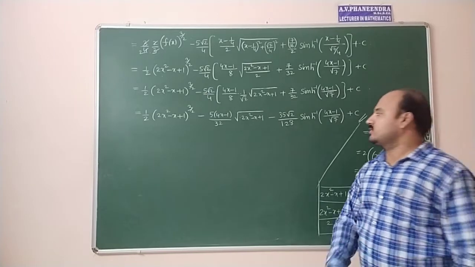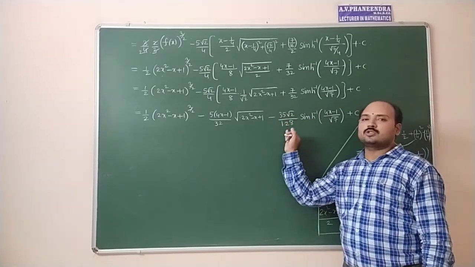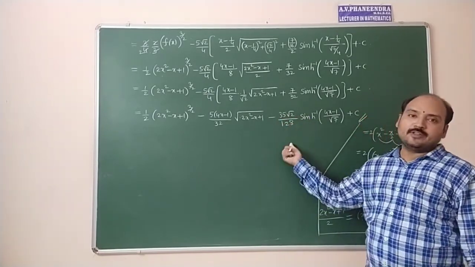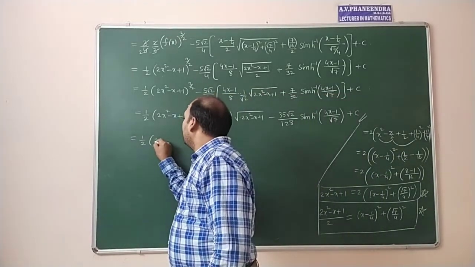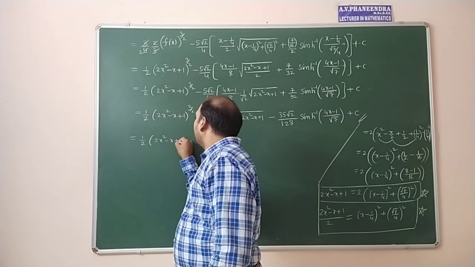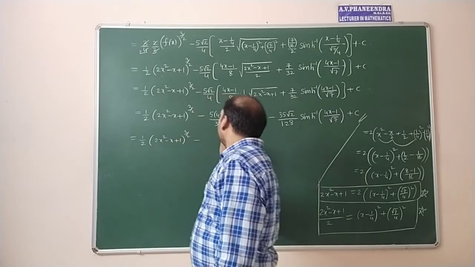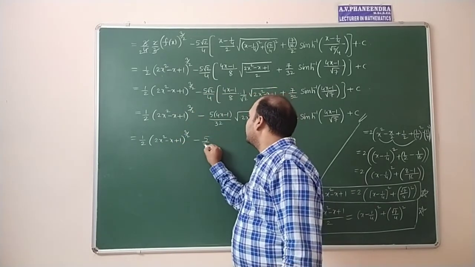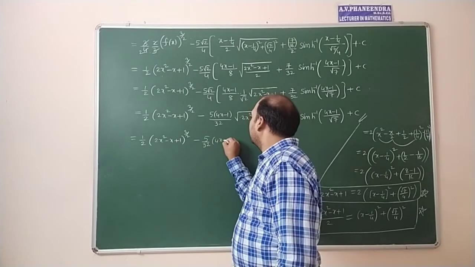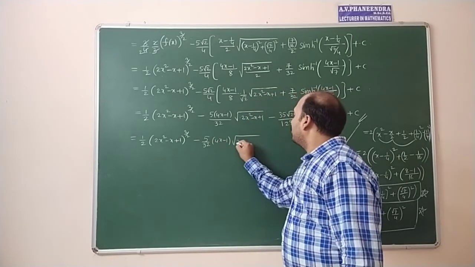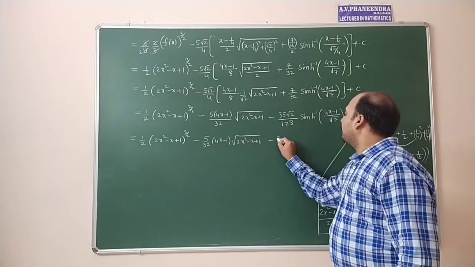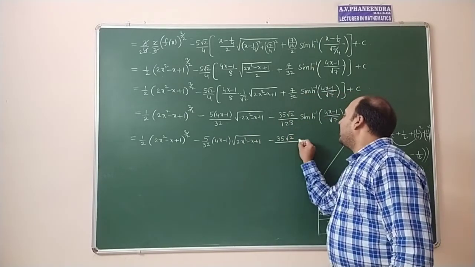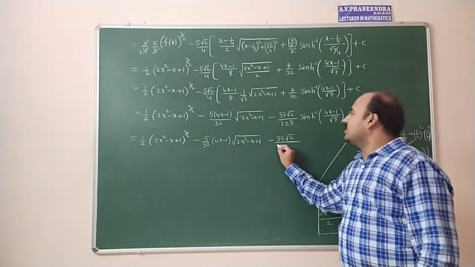Here in the textbook some simplification is given. So here also we have to do that; root 2 we have to write in the denominator. So according to that, 1 by 2 into (2x square minus x plus 1) whole power 3 by 2 minus 5 by 32 into 4x minus 1 into square root of 2x square minus x plus 1 minus 35 into root 2 divided by 128, which can be written as 64 into 2.